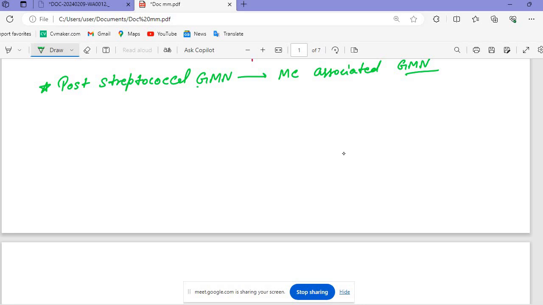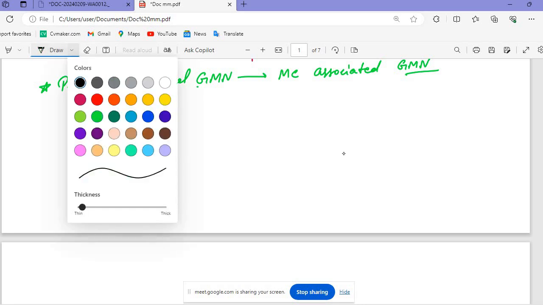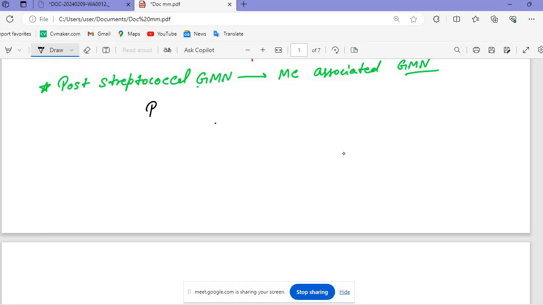See, if we have streptococcal infections, the streptococcus I told you causes pharyngitis. And when this pharyngitis is there, or any skin infections, for example pyoderma or impetigo.